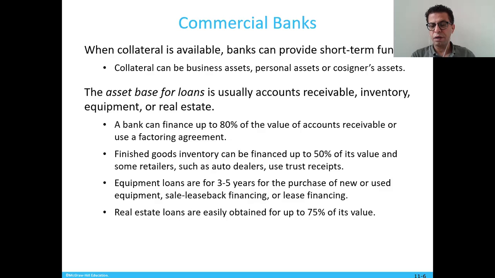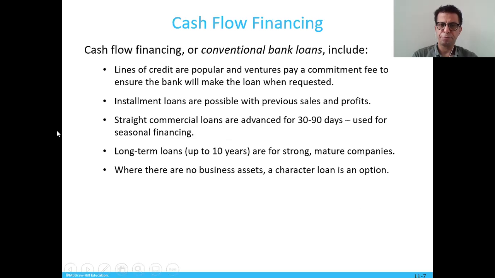When you buy equipment, they can finance it for 3 to 5 years, and you have to pay for that. Real estate loans are easily obtained because you have real estate, so they can easily put a price on it, and they can give you 75% of it. This is the standard the bank utilizes.